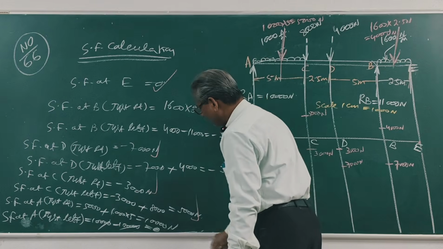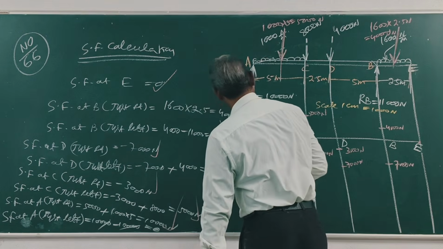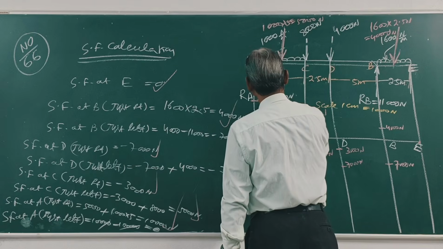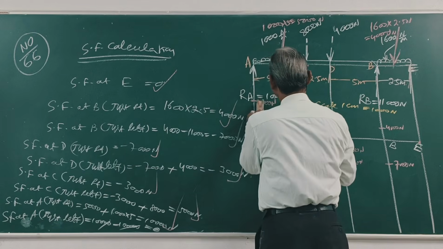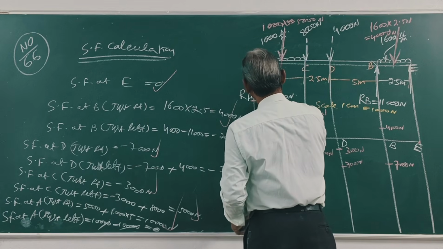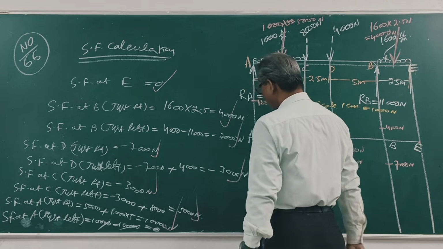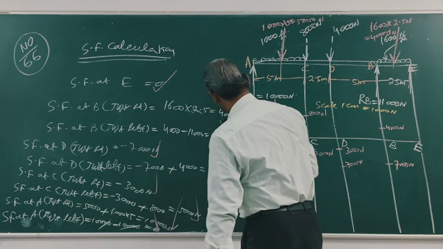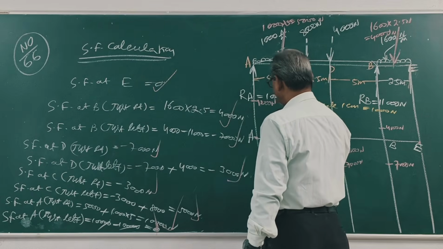A just right, 10,000. A just left, 0. Clear?